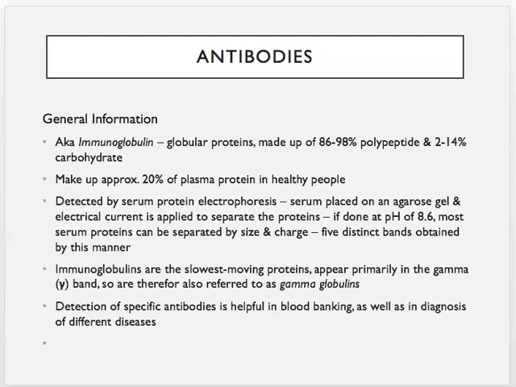Immunoglobulins are the slowest moving proteins. They're going to appear primarily in the gamma band, so they're also referred to as gamma globulins. Detection of specific antibodies is especially helpful for blood banking, but it can also help to diagnose different diseases.